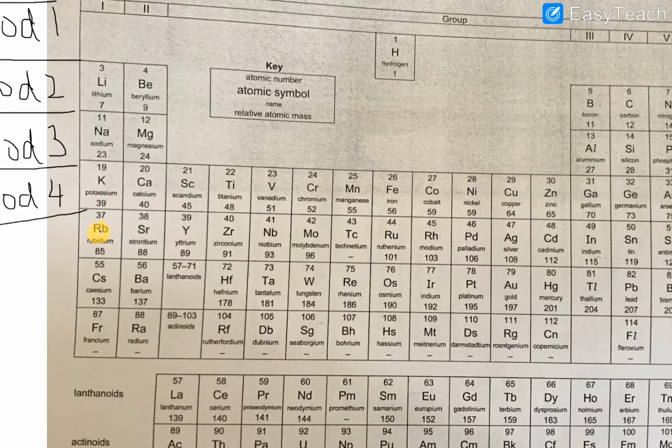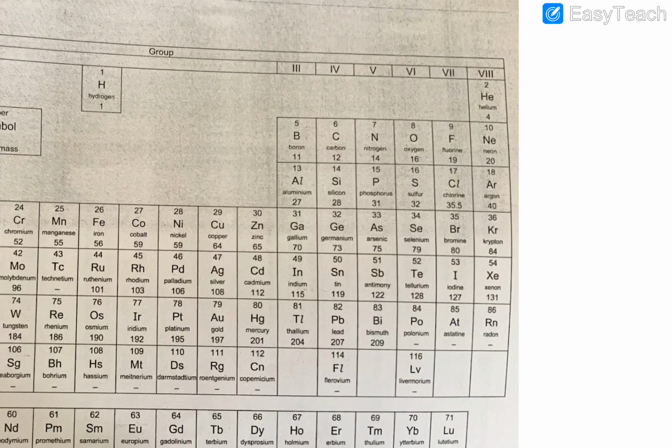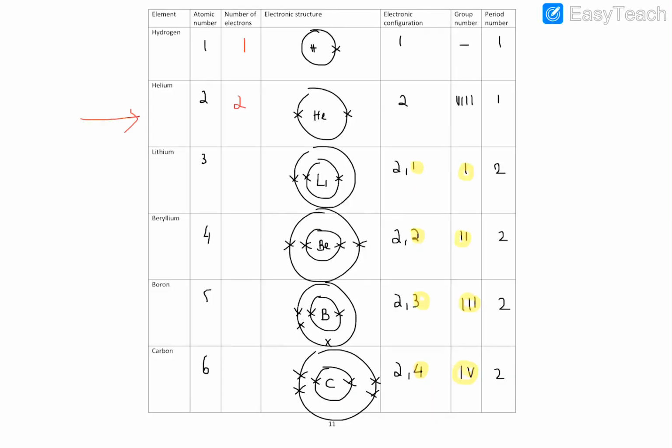So there is going to be 1 electron in the outermost shell. If you look at, let's say, tin, it should end with 4 electrons. Let's say you're looking at bromine. Bromine is in group 7, so it should end with 7 electrons. So its electronic configuration should contain 7 electrons in the outermost shell, in the last shell. Okay, so number of electrons in the outermost shell is equal to the group number. That's the first relationship.